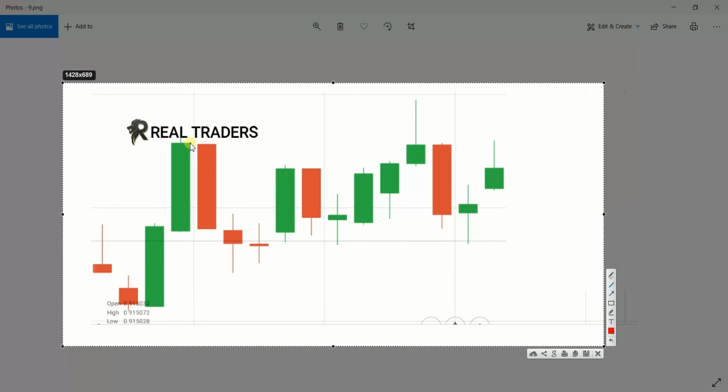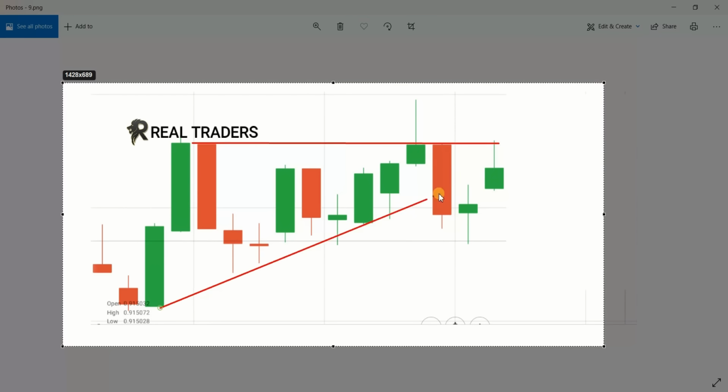Okay, you can see there is a seller's entry here, and here you can see there are buyers, and there is a buyer's entry.